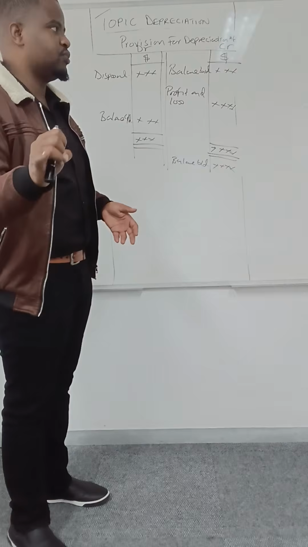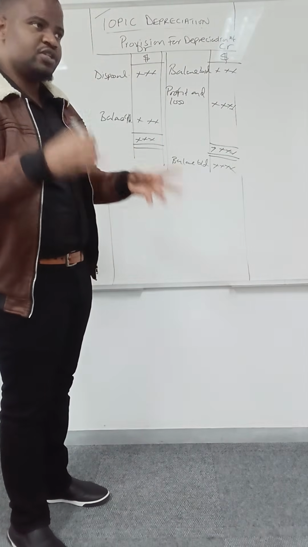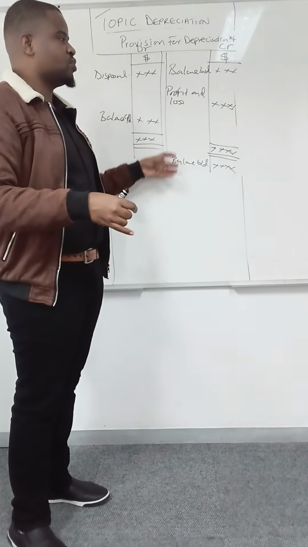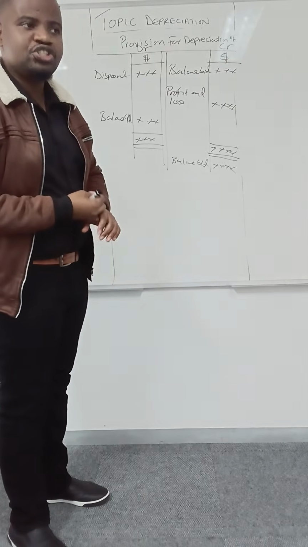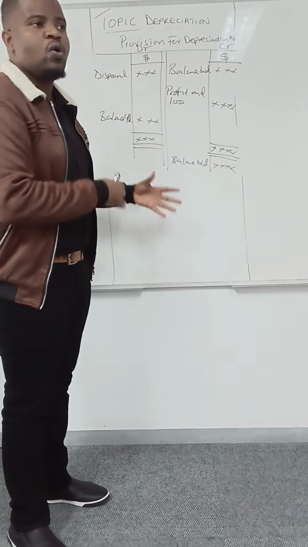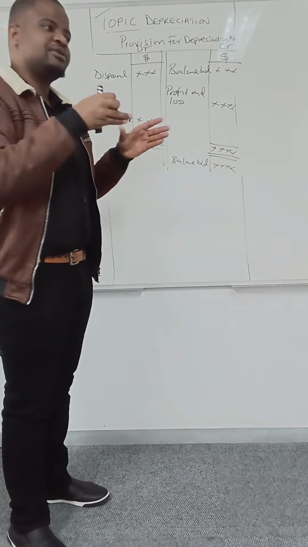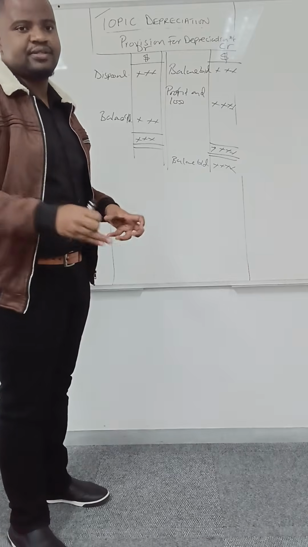So know the method of depreciation to be used to calculate depreciation. Number two, is depreciation charged for the whole year, or is depreciation charged on a month by month basis?